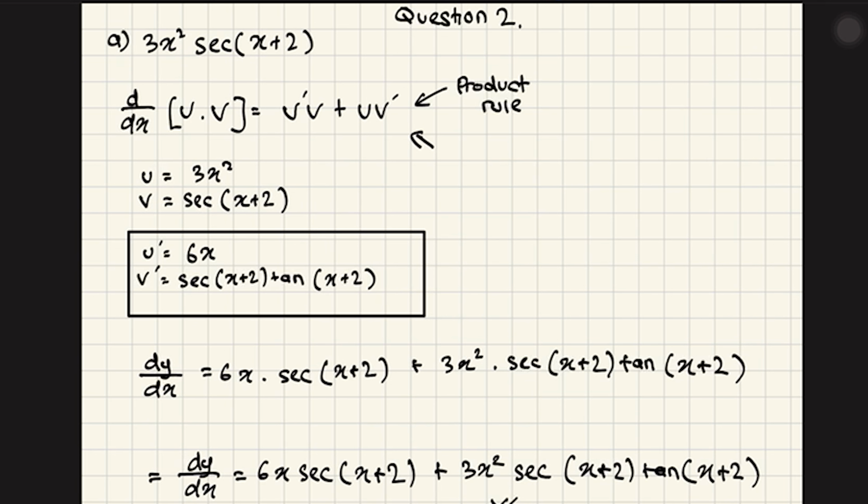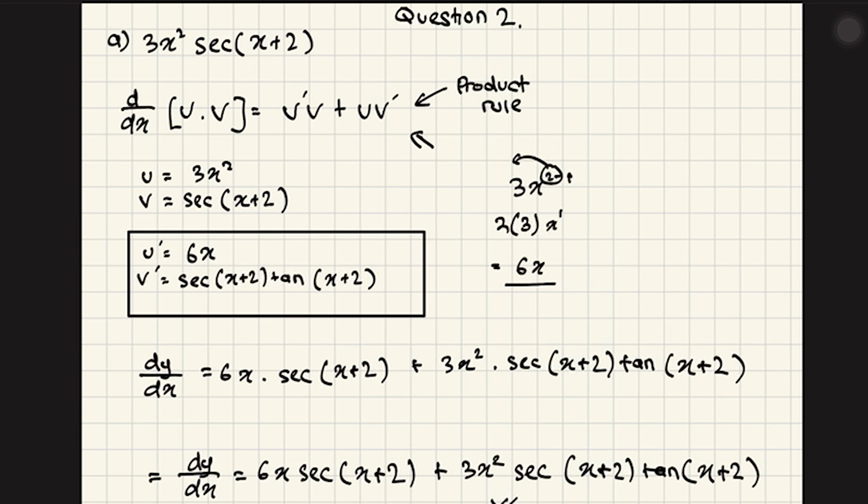Right, so the first step is you need to differentiate the 3x squared, which is 3x squared, the power of 2 you need to bring in front and let it be like this, 2 times 3 x power of 1, because this one need to minus 1. Right, so the answer is 6x.